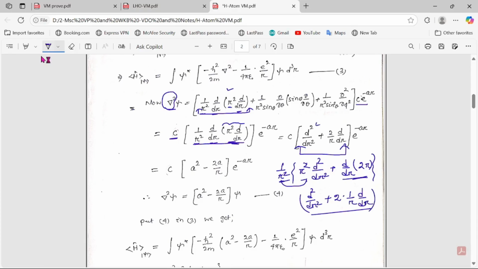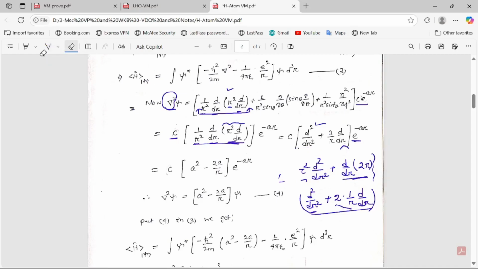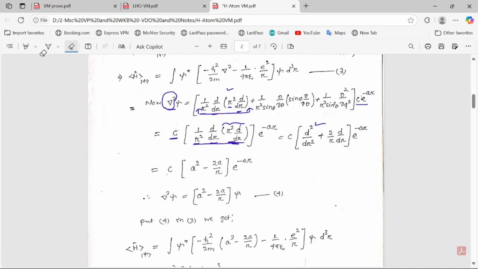See, d square by dr square plus 2 by r d by dr operated over e to the power minus ar. If it is operated over e to the power minus ar, the value will be this much. How and why? Here c is the constant.